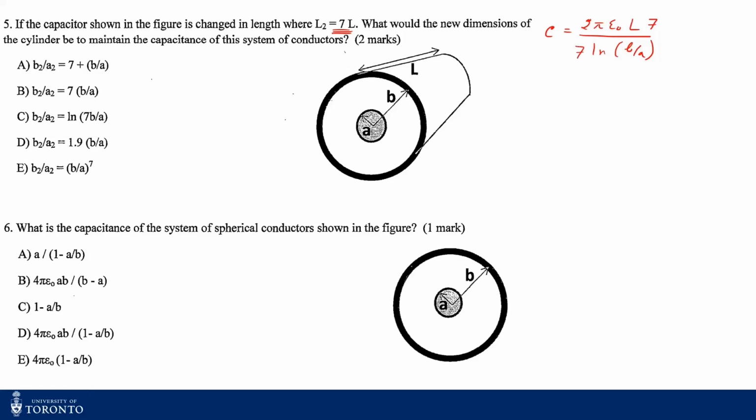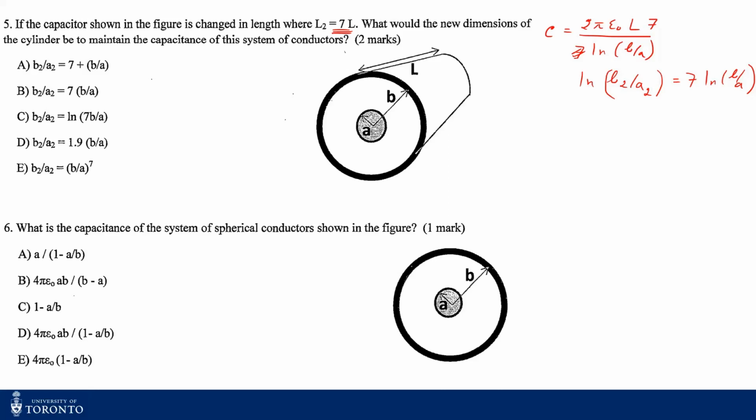So therefore my logarithm of the new radius ratios also has to be 7 times the original radius ratios, right? Such that my 7 from the denominator cancels out the 7 from the numerator, such that my overall formula remains the same.